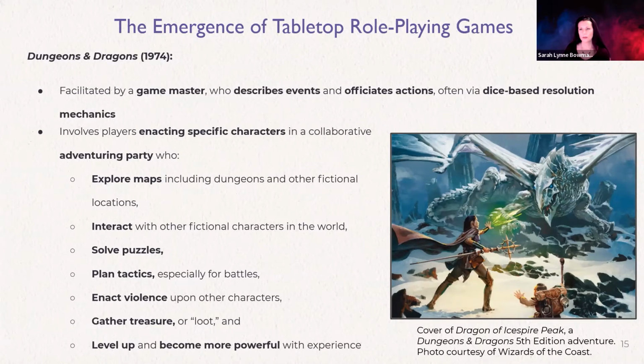And so this is true for lots of different actions. It could be something social, like what I just described, or it could be combat. Oftentimes mechanics are attached to combat in these games. And so in Dungeons and Dragons, they had these specific characters that they were enacting.